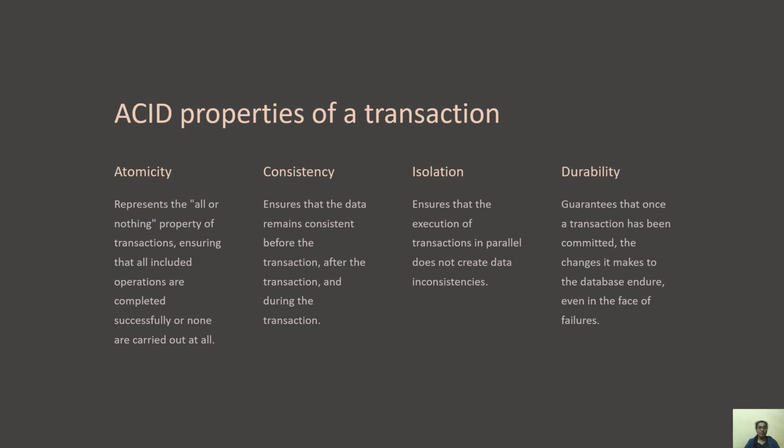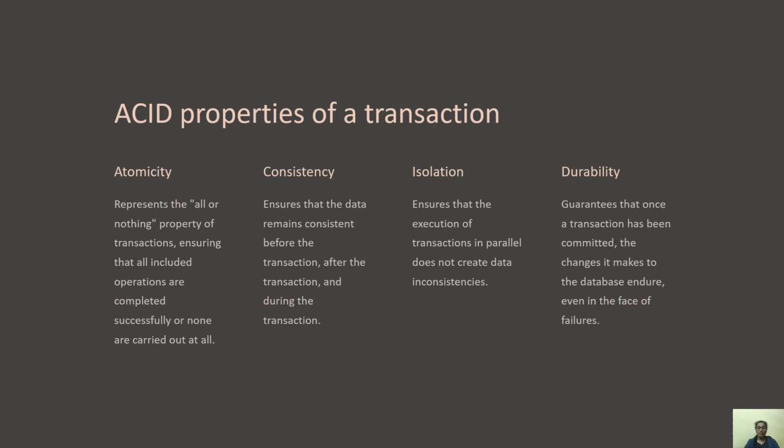Now we will see the ACID properties of a transaction: atomicity, consistency, isolation, and durability. Atomicity represents the all or nothing property of a transaction, ensuring that all included operations are completed successfully or none are carried out at all. Consistency ensures that the data remains consistent before the transaction, after the transaction, and during the transaction.